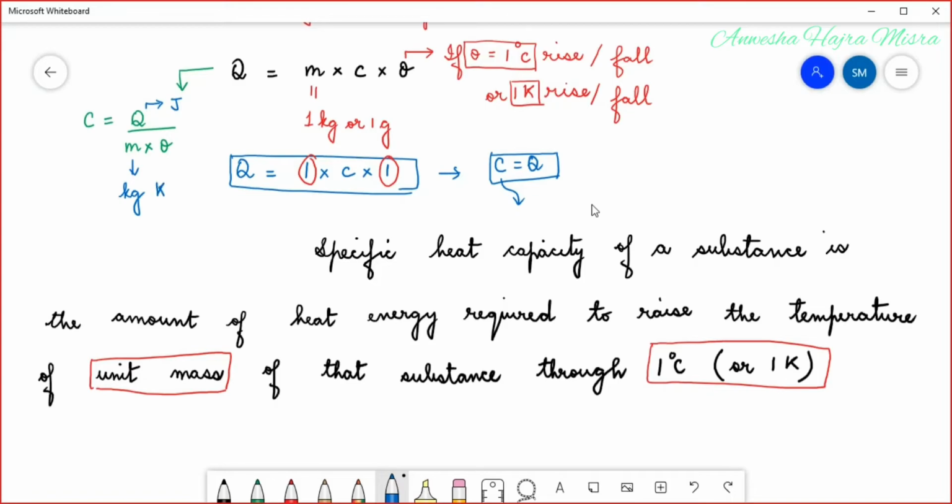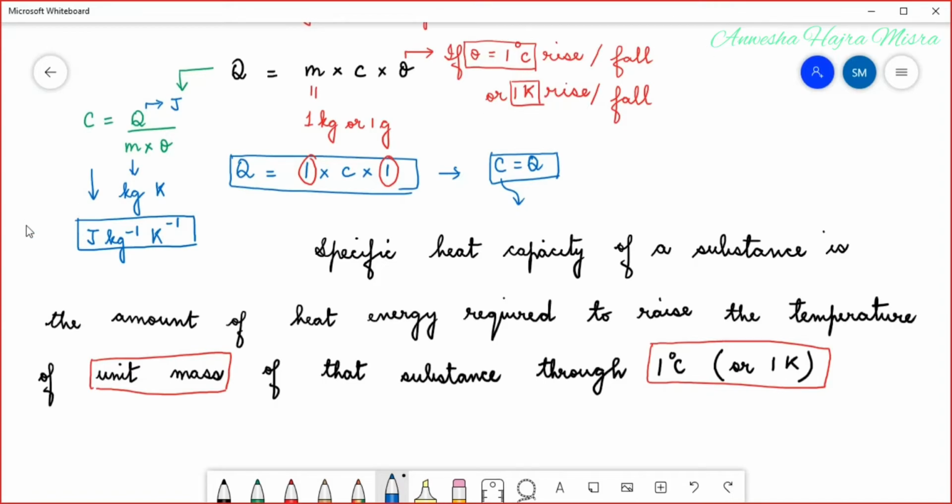So here we have Kelvin. So unit of C will be joule per kg per Kelvin. This is the SI unit of specific heat capacity, joule per kg per Kelvin.